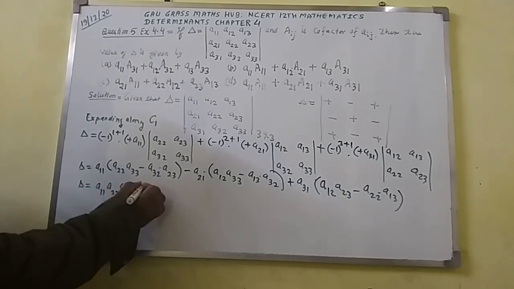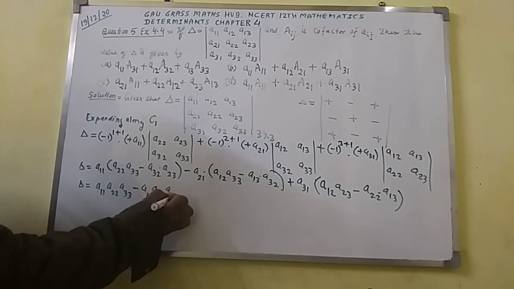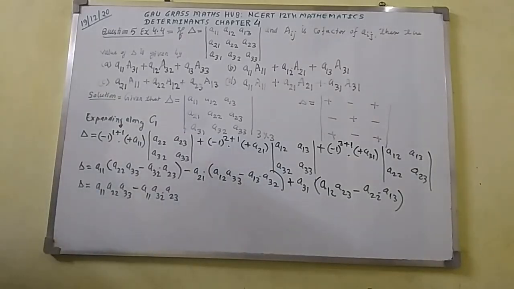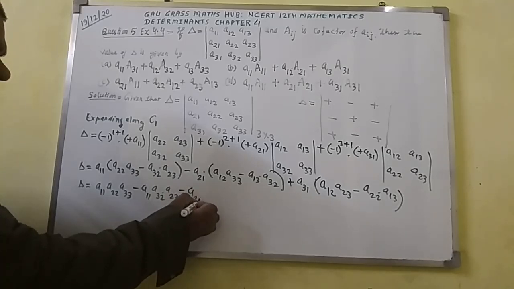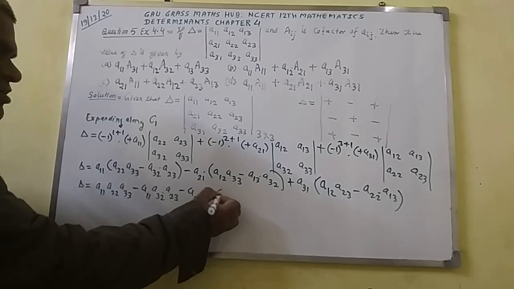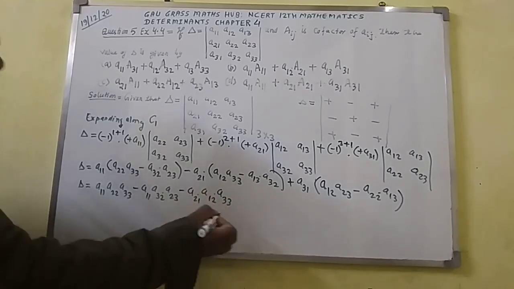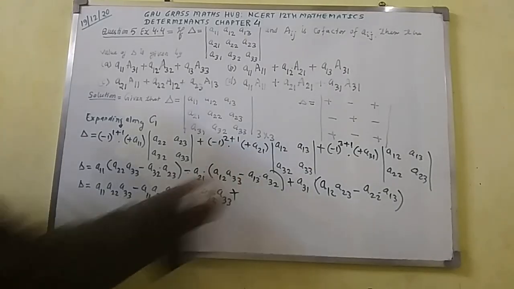Here I shall write A11, A32, A23 minus A21, A12, A33. Here I shall write plus, because minus minus will multiply together.